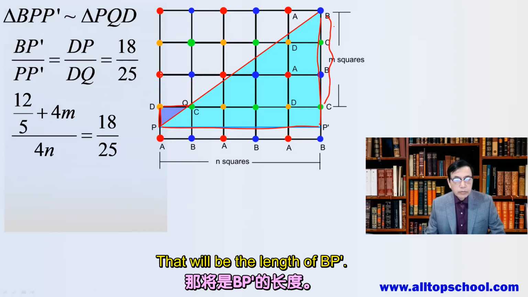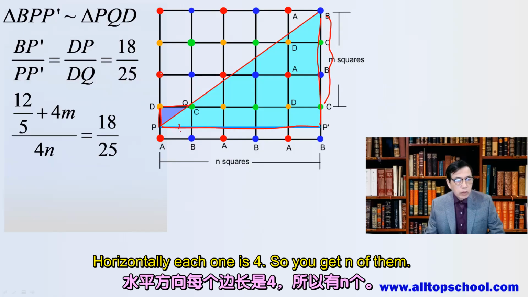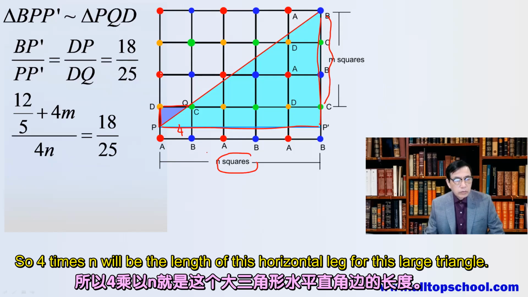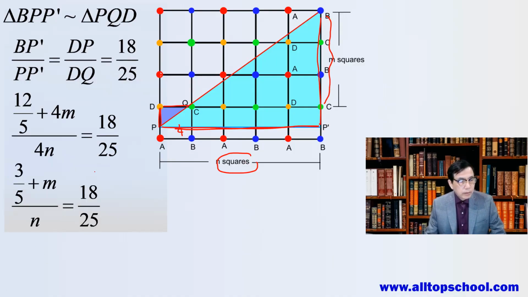Horizontally, each one is 4, and you have n of them, so 4n is the length of the horizontal leg of this large triangle. The ratio should be 18/25.